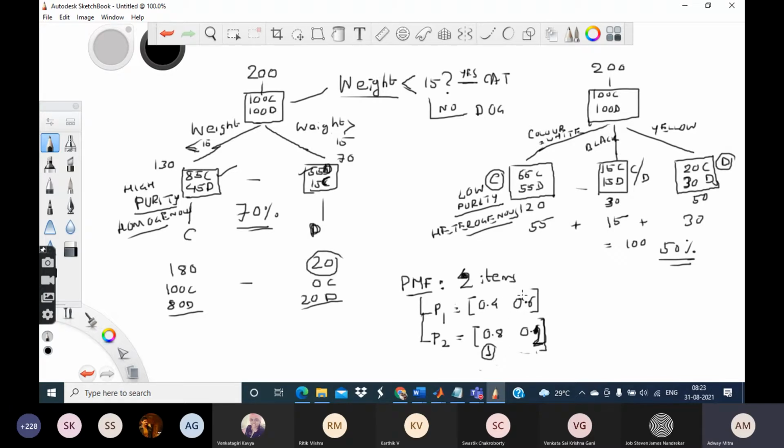It's saying that both values are roughly equal, with a slightly higher chance for one, but not much higher. In this case, you are telling me more clearly that you are 80% certain that one value will occur. So we can say that this probability distribution has a higher informativeness than this one.